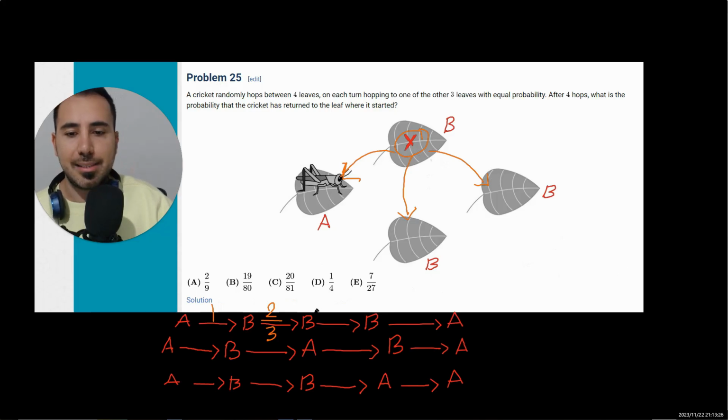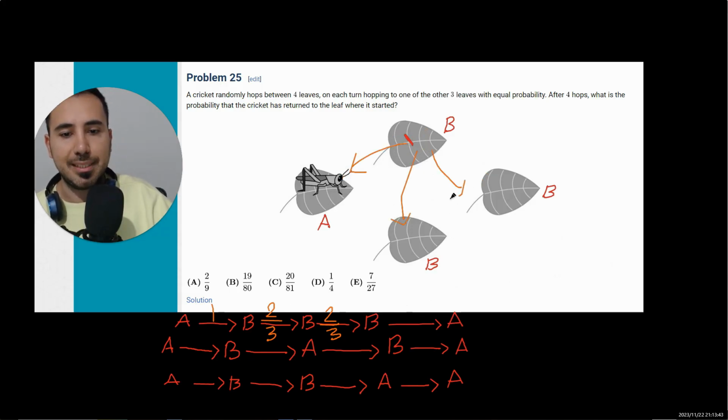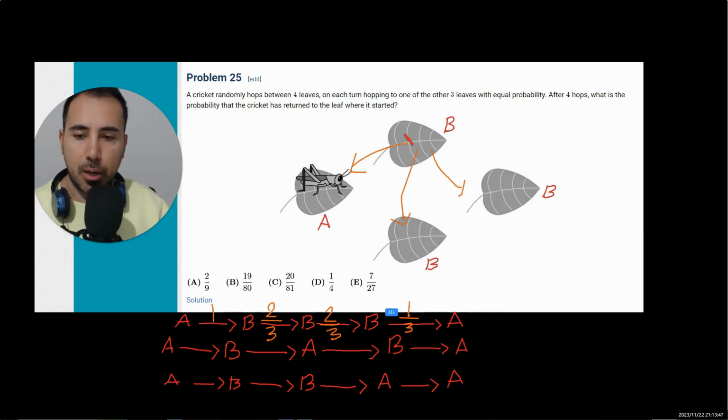Once you are again at B, again 2/3. But here you are at B this time, you want to go back to A. Look, you again have 3 possibilities here. Go to A, or 2 possibilities for B. This one, we want 1/3. So the probability of this happening is 2/3 times 2/3 times 1/3.